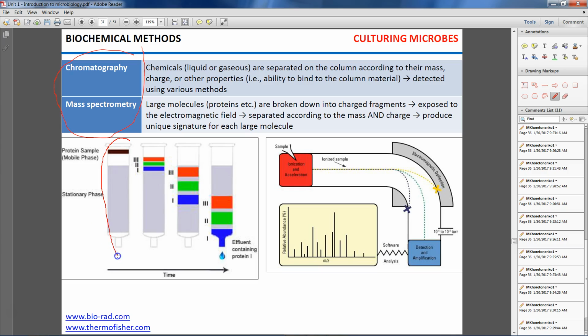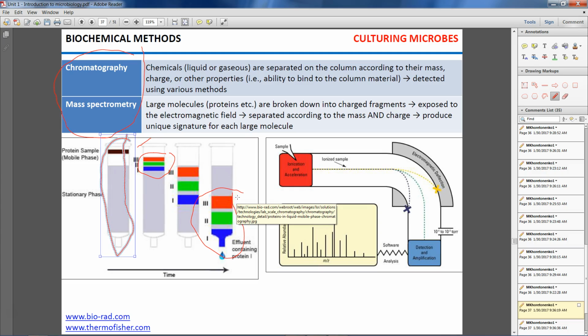You have a column this time, a column with the absorbent, filled with a very dense gel. You put your sample, the black line, and then either you let the sample run through the column because of gravity, or you can apply pressure. It will speed up the process, and components of your sample will get separated.